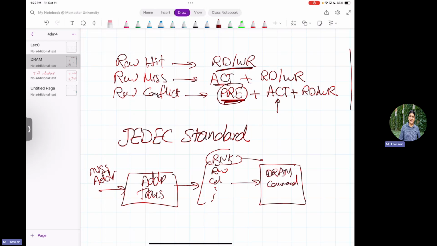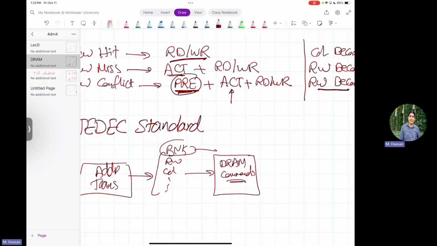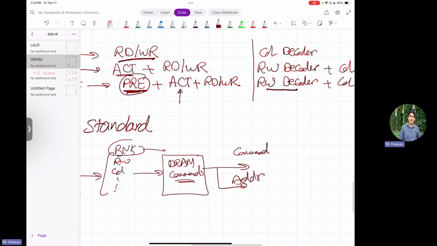We call this the command generation process. These commands are either activation, precharge, or read or write. Then finally you send the command through something called the command bus to the DRAM, and then you send the address. This bus will go to the DRAM to do the correct operation. Good. Is there any question?